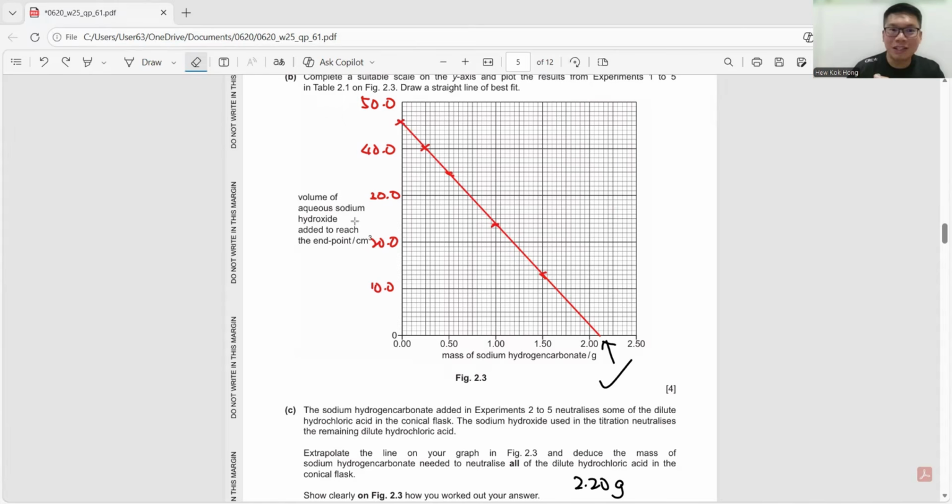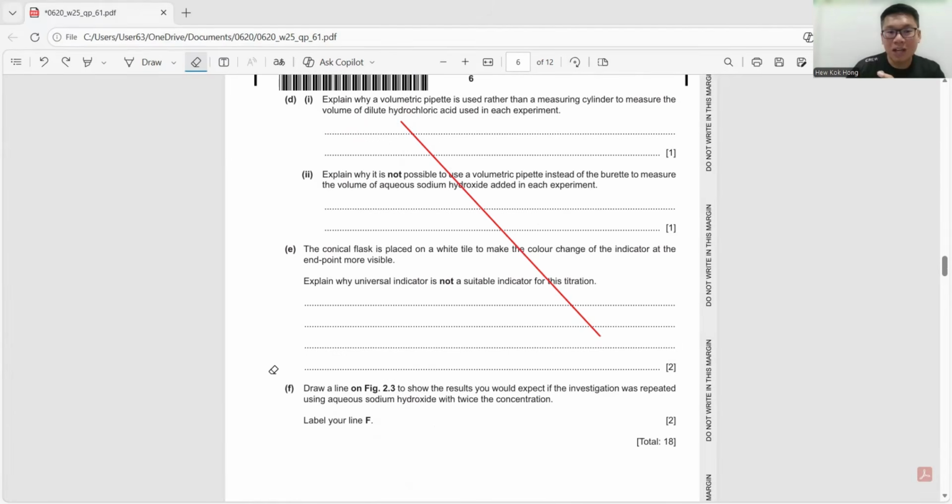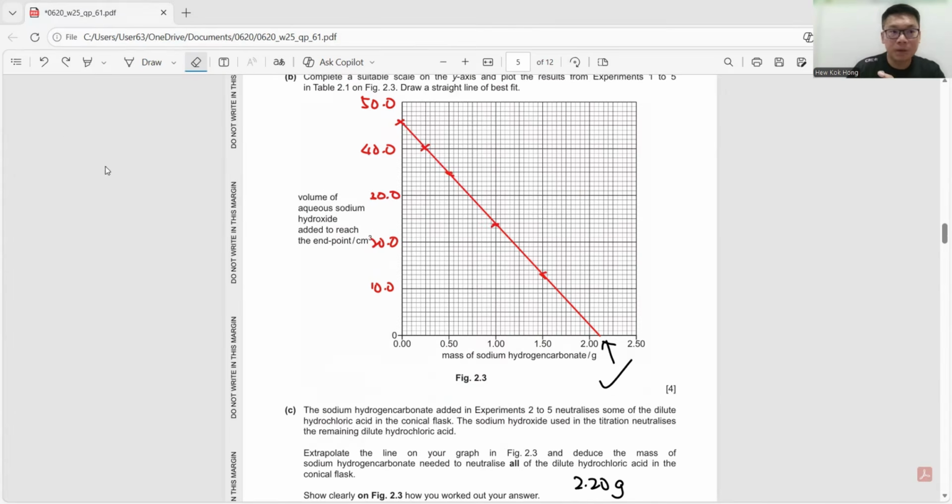After we draw these, then we go to question F first, because question F is directly related to this question. Question F says, draw a line on figure 2.3 to show the result you would expect if the investigation was repeated using NaOH with twice the concentration. Label your line F. When the concentration is double, the volume needed is half of it.